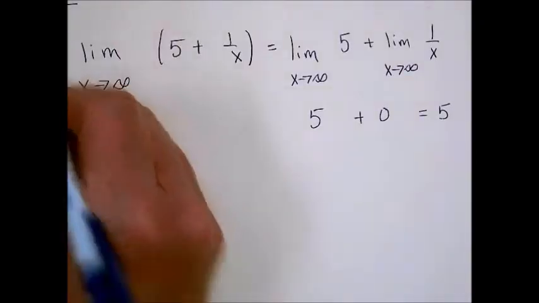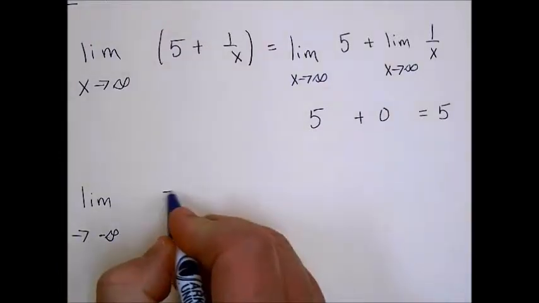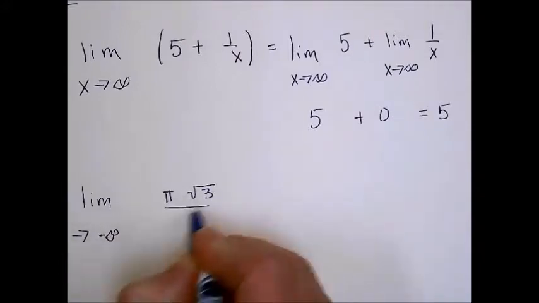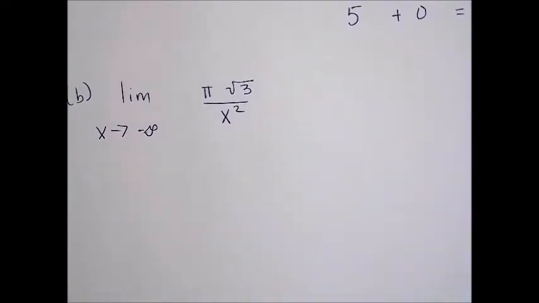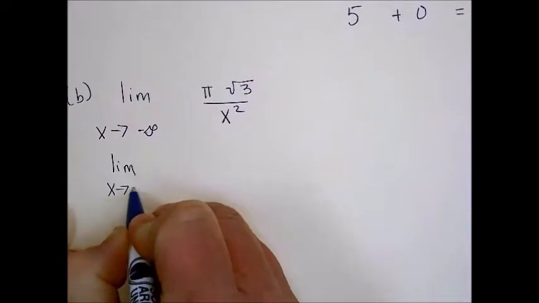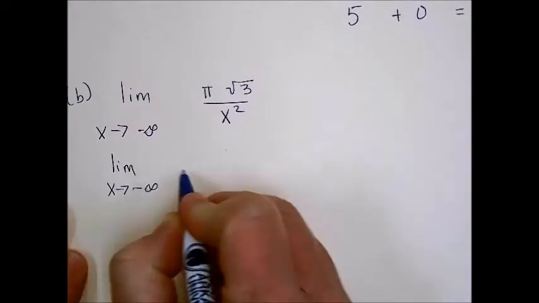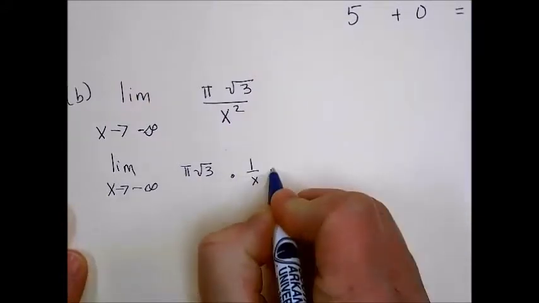That's part A. Part B says the limit as x approaches negative infinity of pi square root of 3 over x squared. Okay, we're going to use our limit rules, and we're going to use the product rule. The limit of the products is equal to the product of the limits. So we're going to break this apart to the limit as x approaches negative infinity of pi times the square root of 3 times 1 over x times 1 over x.